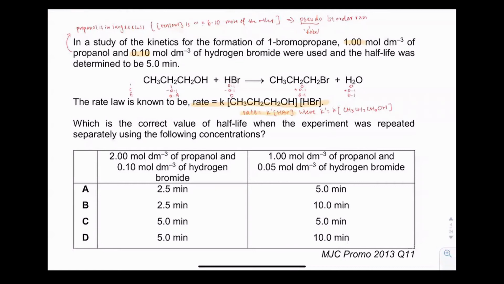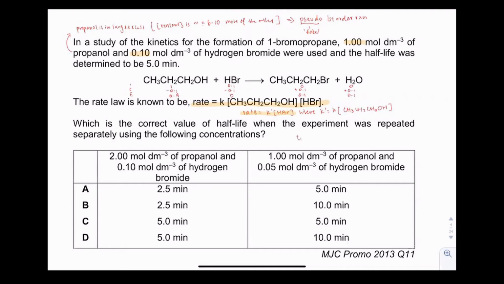Once we've established this, let's take a look at the link between half-life and first order reactions. They ask which is the correct value of half-life when the experiment was repeated separately using the following concentrations. So what is half-life affected by? If it's a pseudo first order reaction, it works on the same logic as a first order reaction.